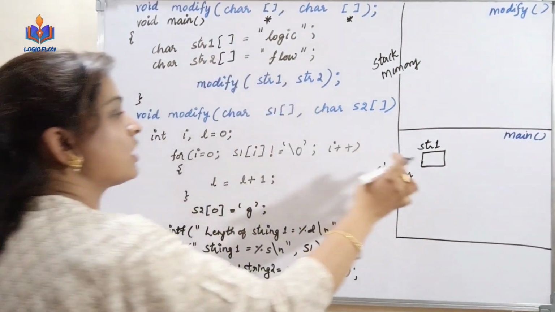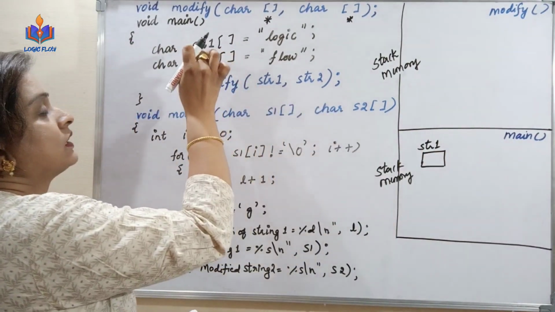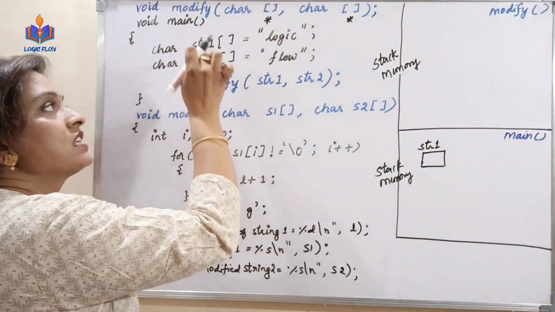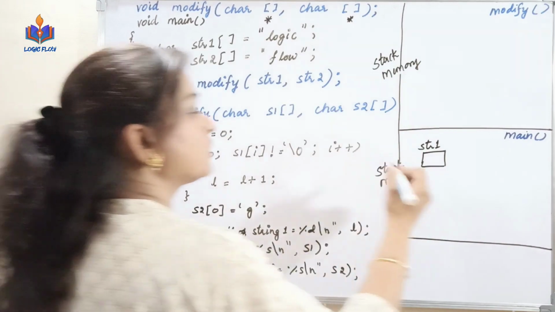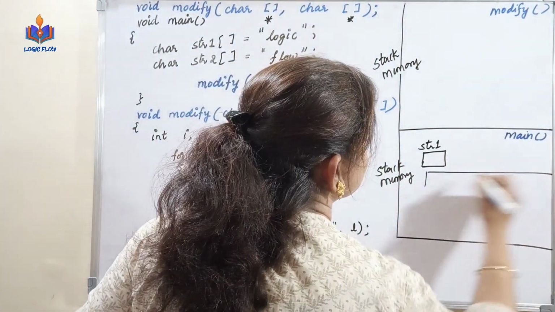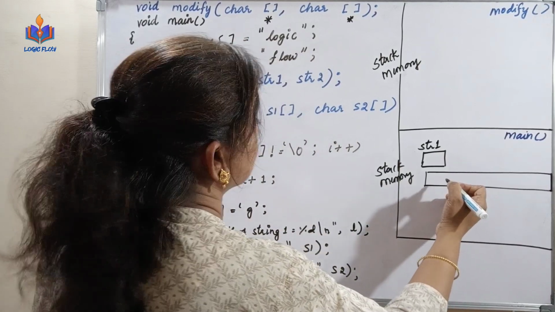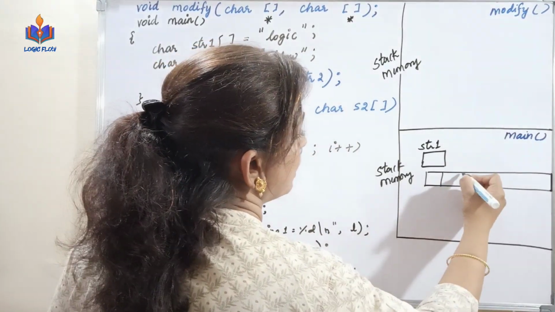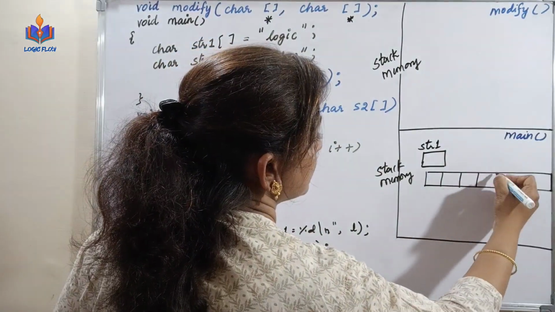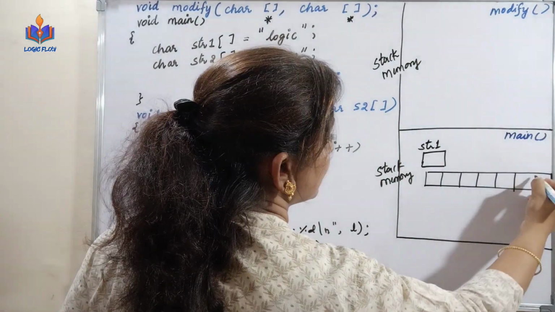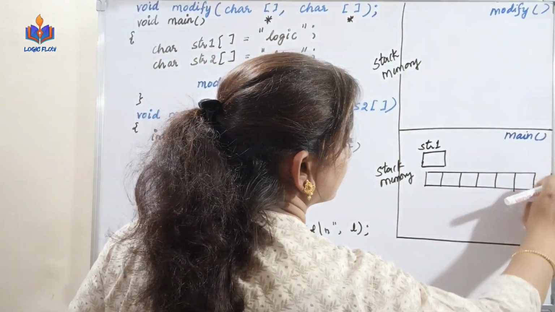Okay, so str1 is interpreted as a pointer to character. So here you will have str1. How many characters do we have? It is L, O, G, I, C and one null character.